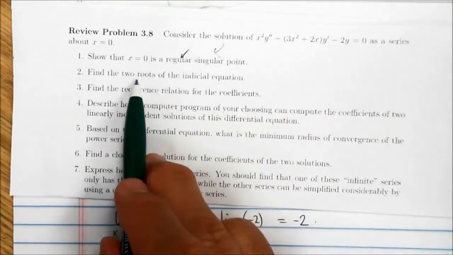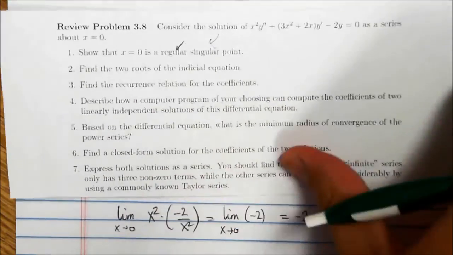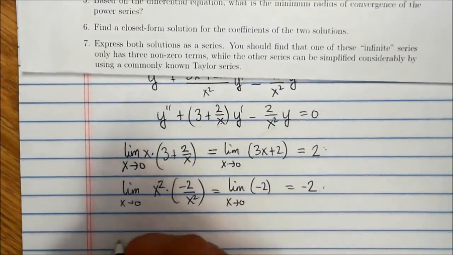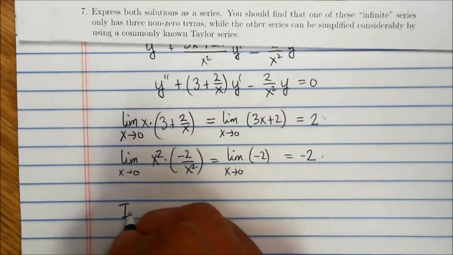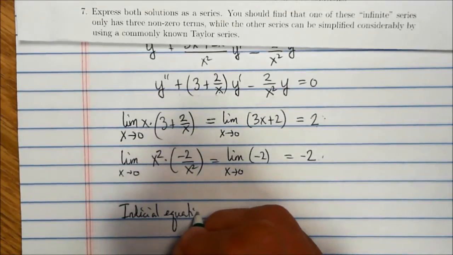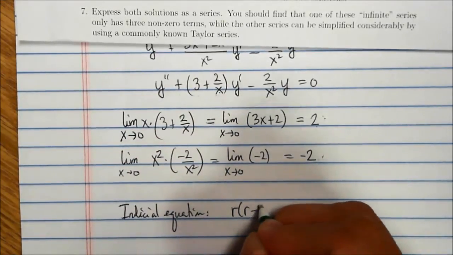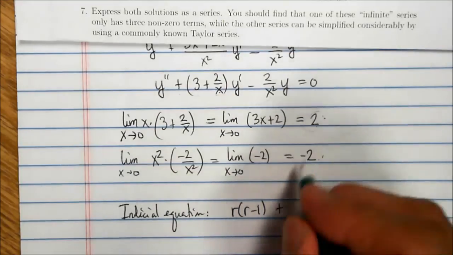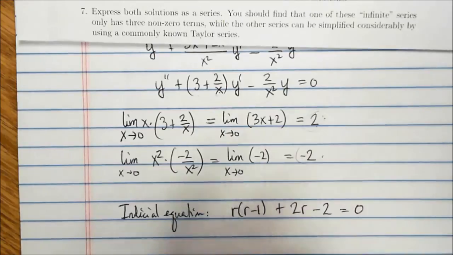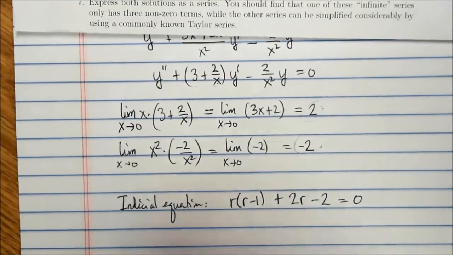Part 2, find the two roots of the indicial equation. Again, there's a couple of ways of doing this. The fastest way is to write directly r times (r minus 1), then I have this 2, so plus 2r, then minus 2 equals 0, and solve for r.